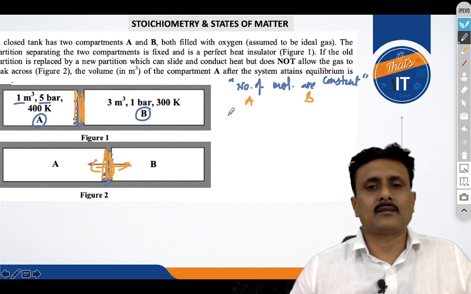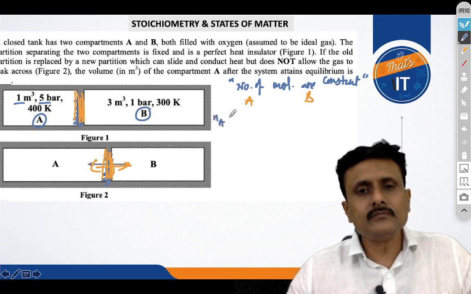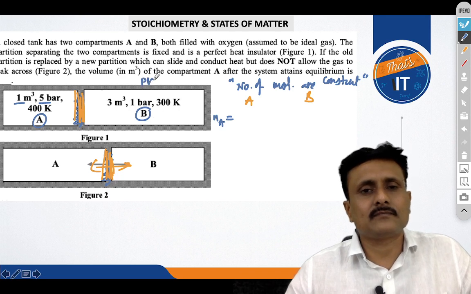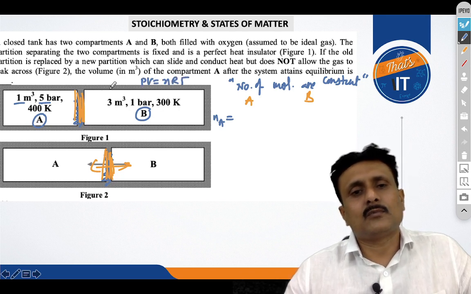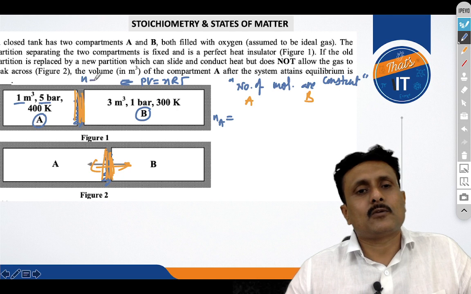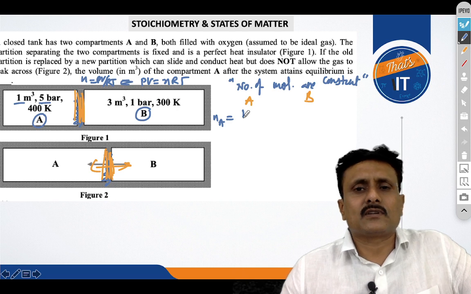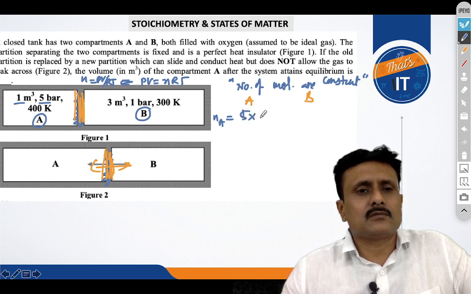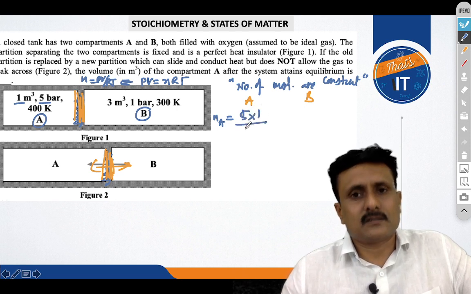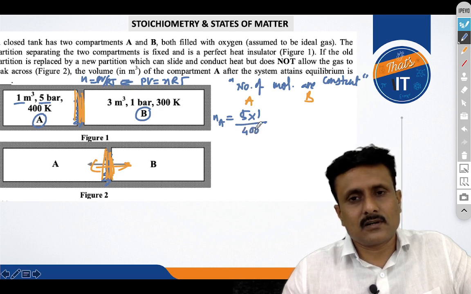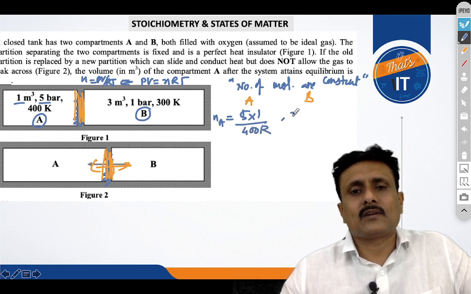So I'm going to write the number of moles of A. PV equal to nRT, so number of moles equal to PV by RT. Pressure in this case is 5 into volume is 1, by 400 into R, and over here it is NB.